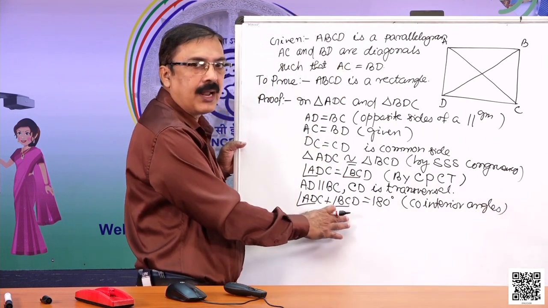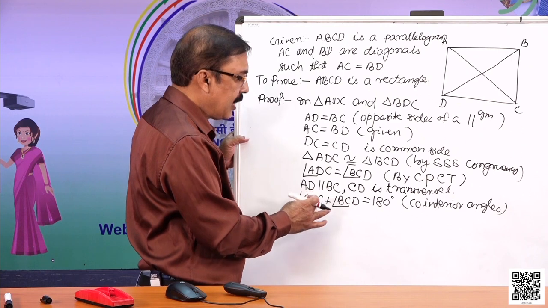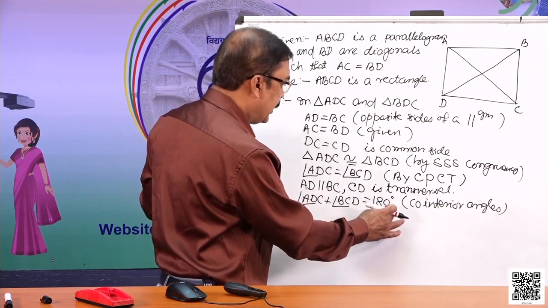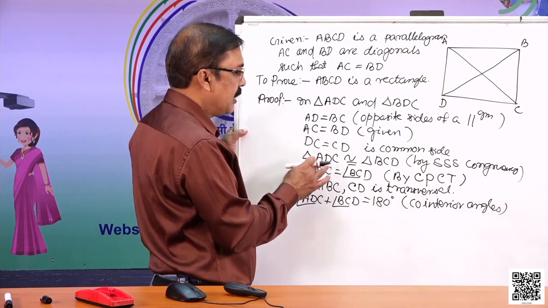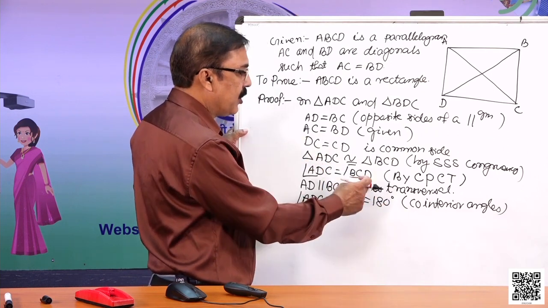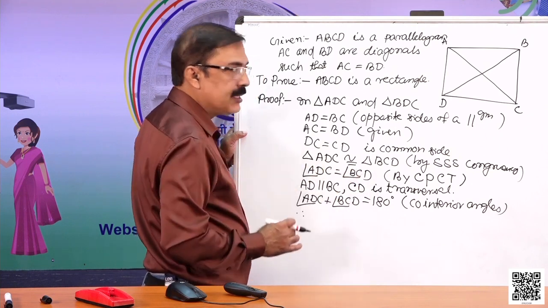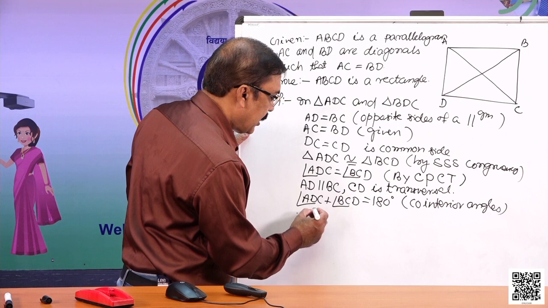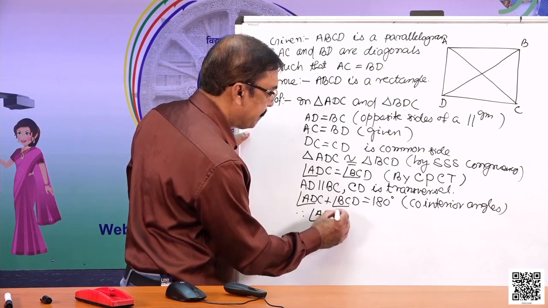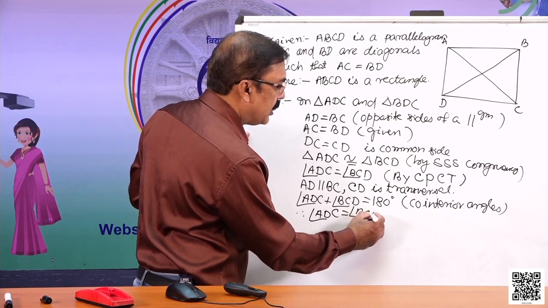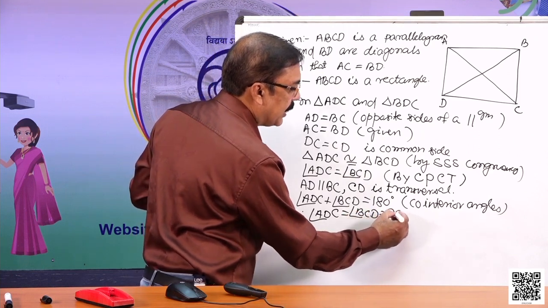Sum of the co-interior angles is 180 degree. So angle ADC plus angle BCD is equal to 180 degree. And we know ADC and BCD are equal. So this shows that each angle is 90 degree. That is angle ADC is equal to angle BCD is equal to 90 degree.